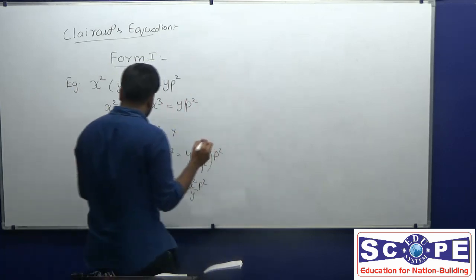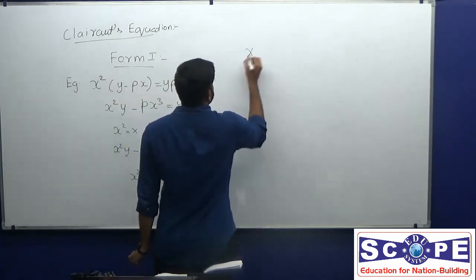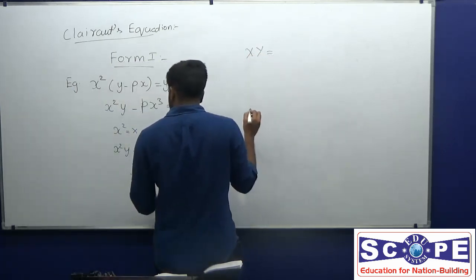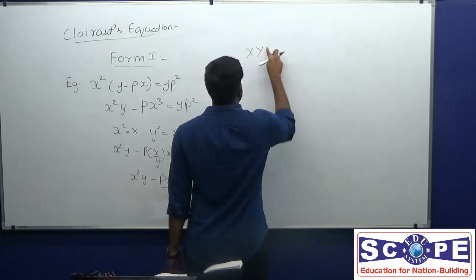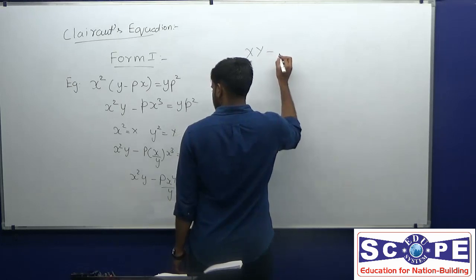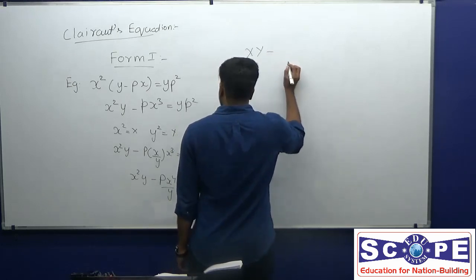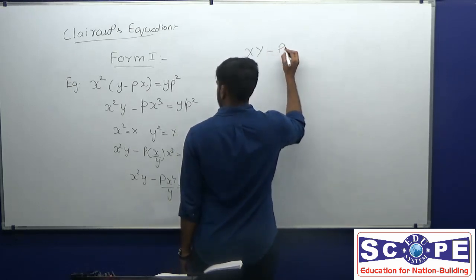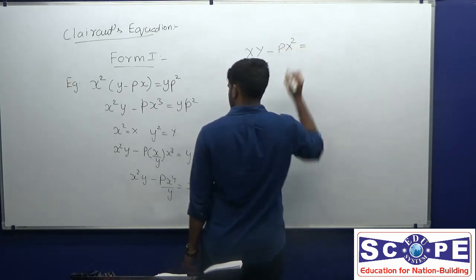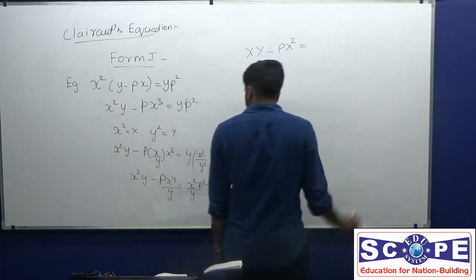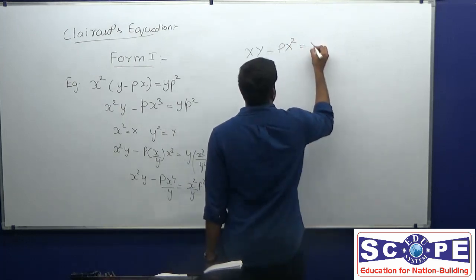If you multiply all with y, we are substituting x square and y square also. xy minus p x square equals to xp.